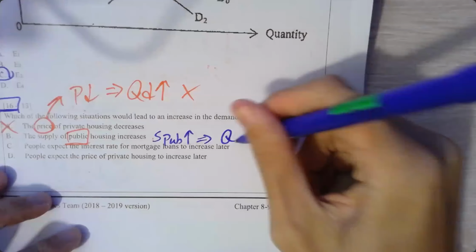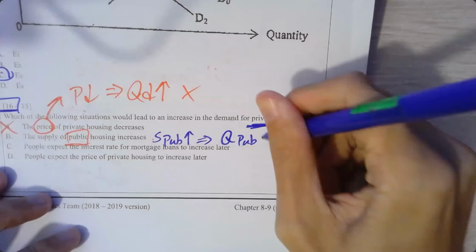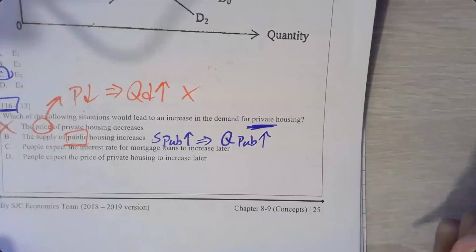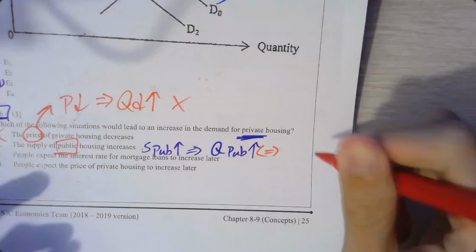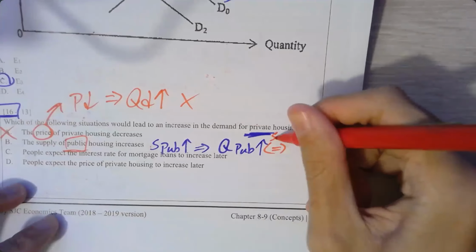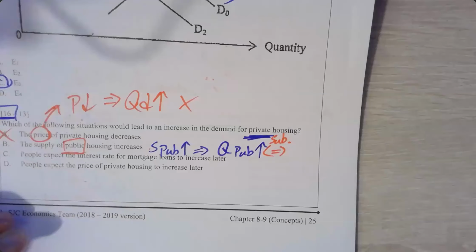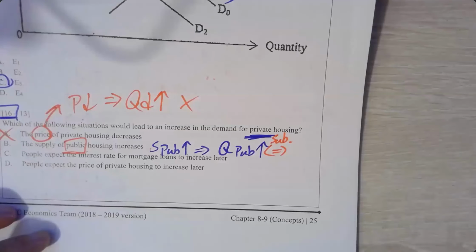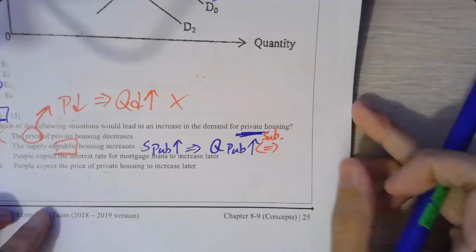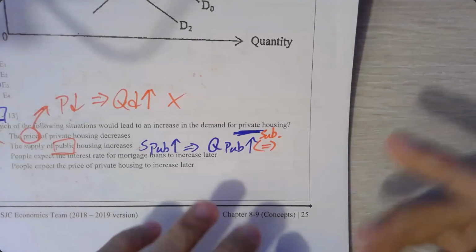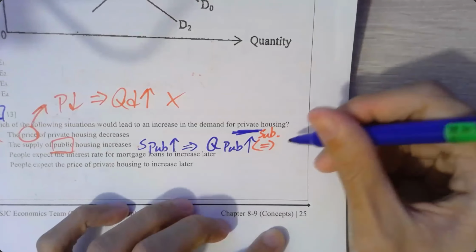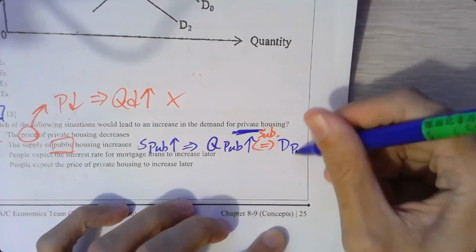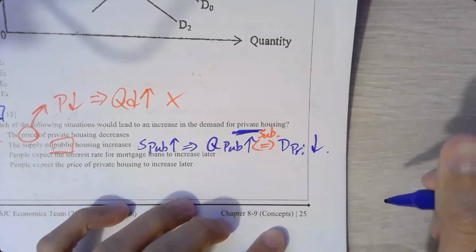The quantity of public housing increases. 好啦 as you already know, public housing and private housing, they are substitute relationship。唔買私樓咪買公屋咯，係咪？唔係買唔到公屋嘅，租嘅。I'm so sorry，買唔到嘅。Okay, so here more public housing, it means that the demand for private housing would decrease.